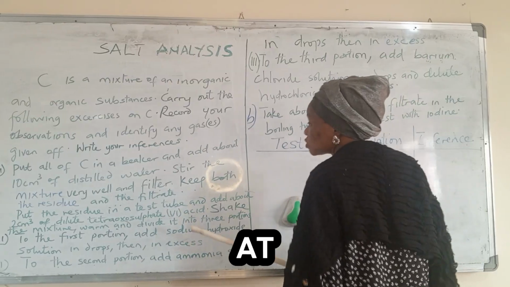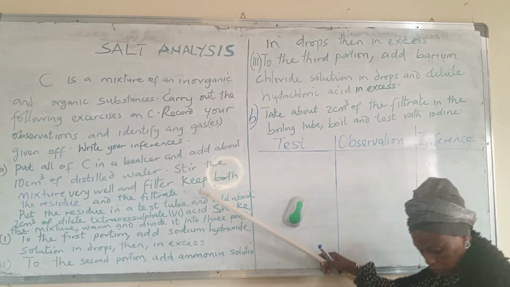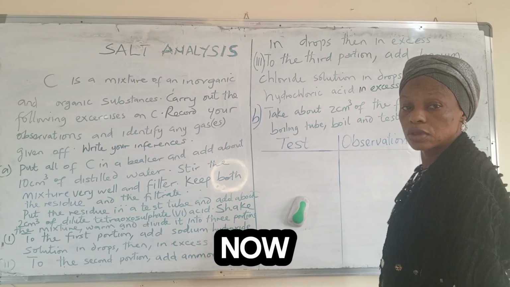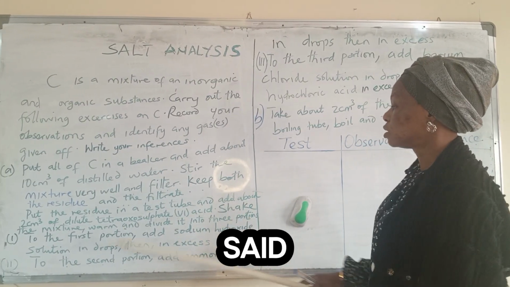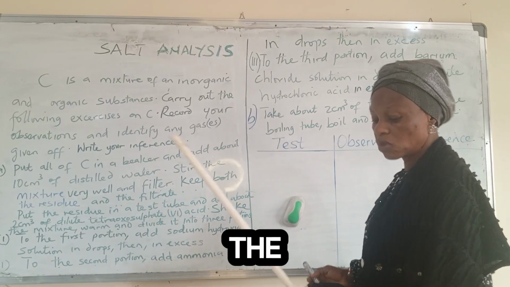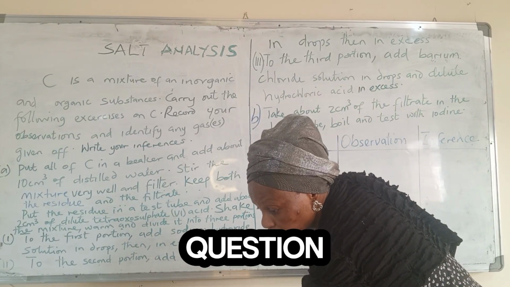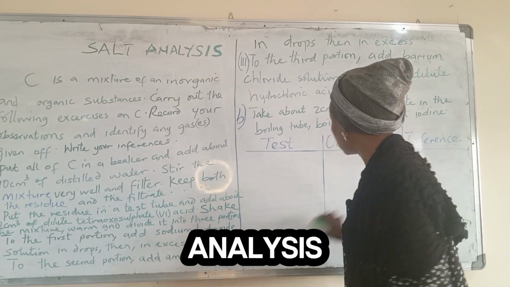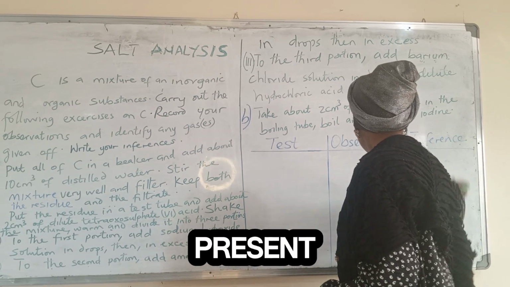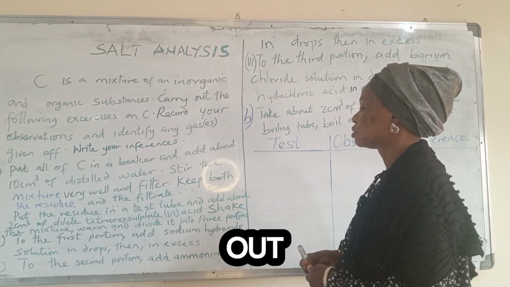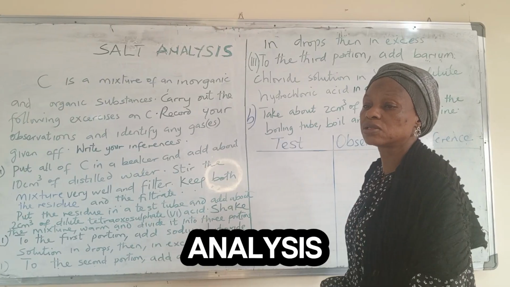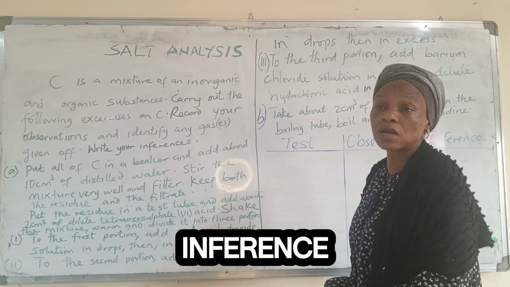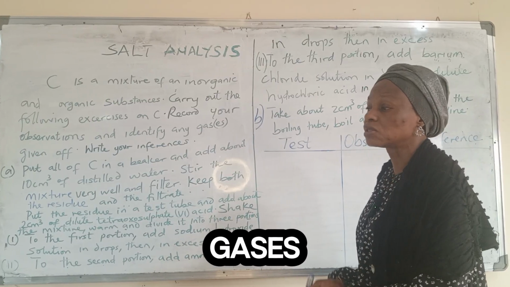For A, you will label it the way they have written the question for you. Don't forget, this is qualitative analysis, which deals with what is present, what you need to find out. You don't calculate in qualitative analysis, you just observe things, record your inference, and observe the gas or gases given off.